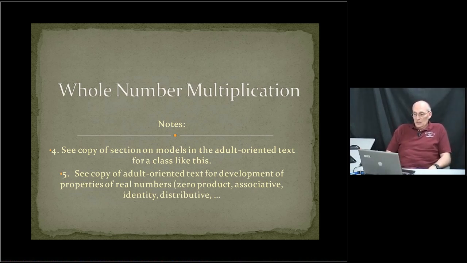And we'll also look at, in the same context, the way some adult-oriented texts deal with other properties involving multiplication, zero product, associativity, identity property, and some of those. We'll look at a different way of making sense of those that isn't quite so adult, rule-oriented, symbol manipulation-oriented kind of approach to those properties of real numbers.